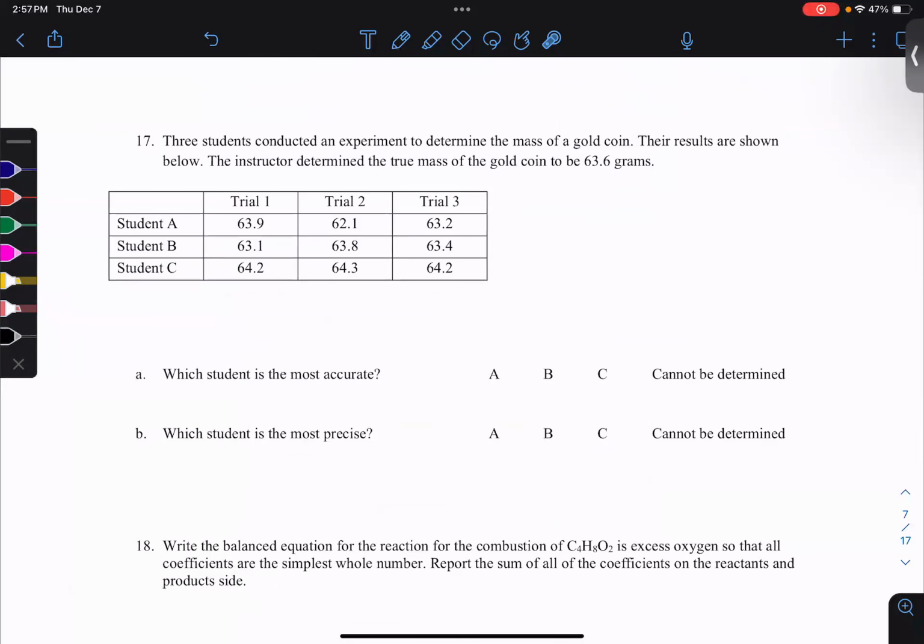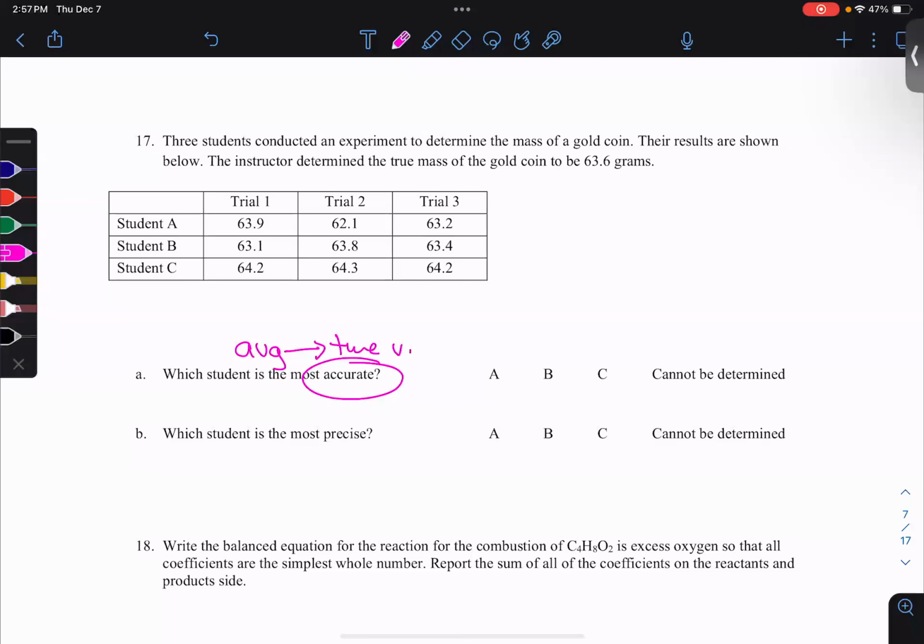Okay, 3 students conducted an experiment to determine the mass of a gold coin. Here are the results. The instructor determined the true mass of the gold coin to be 63.6 grams. So this is a question on accuracy and precision. Accuracy, you're comparing the average of all your data to what?